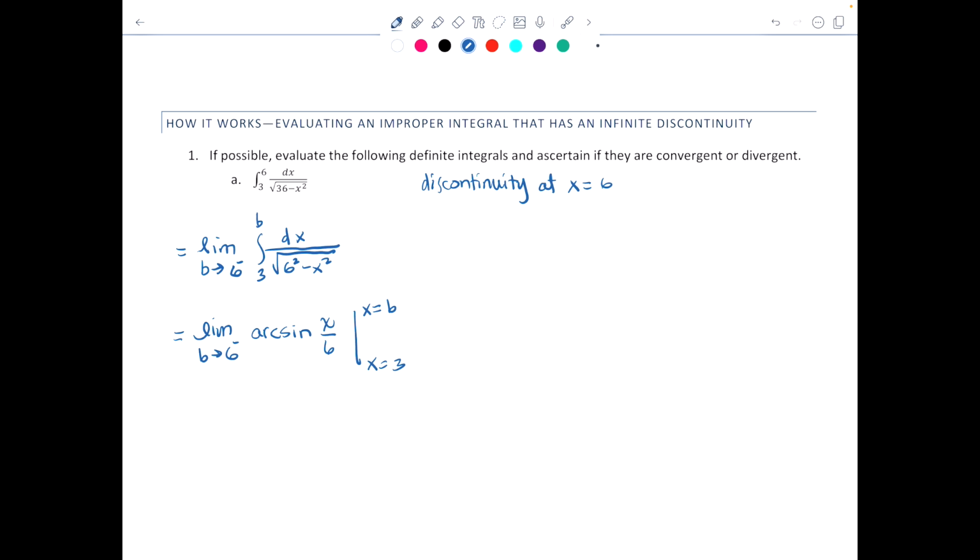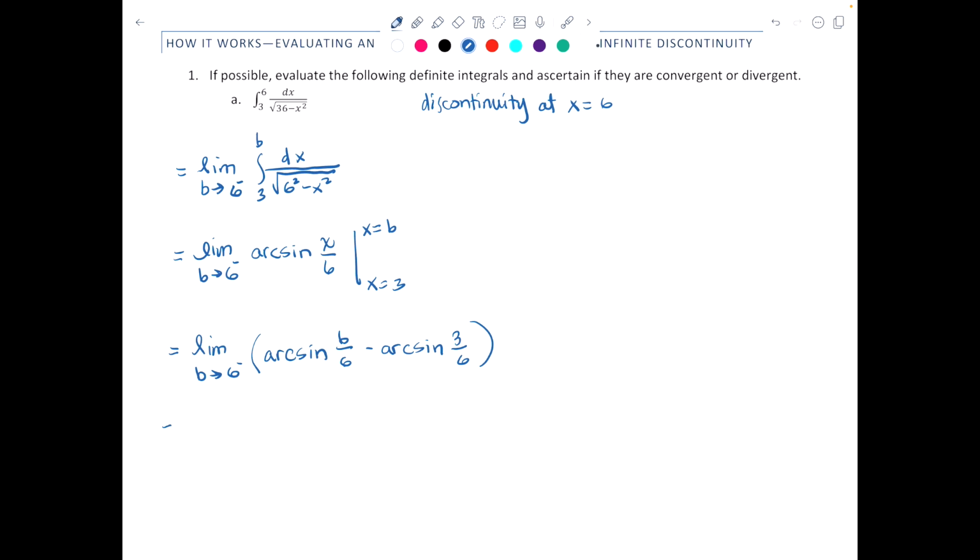Awesome. And then we'll have the limit as b approaches 6 from the left of arcsine at b over 6 minus arcsine at 3 over 6.